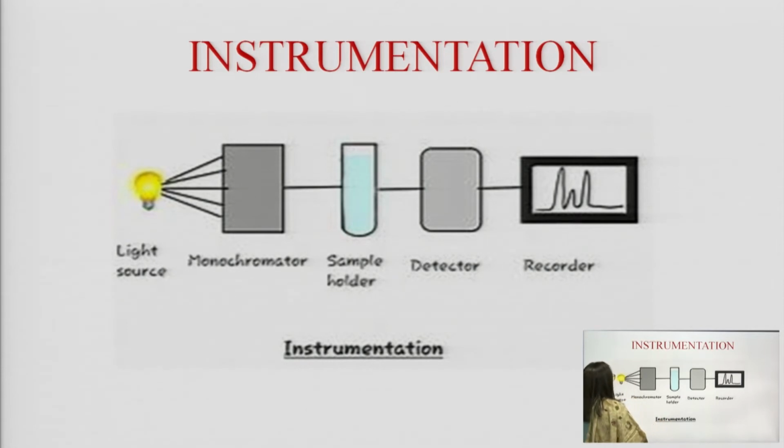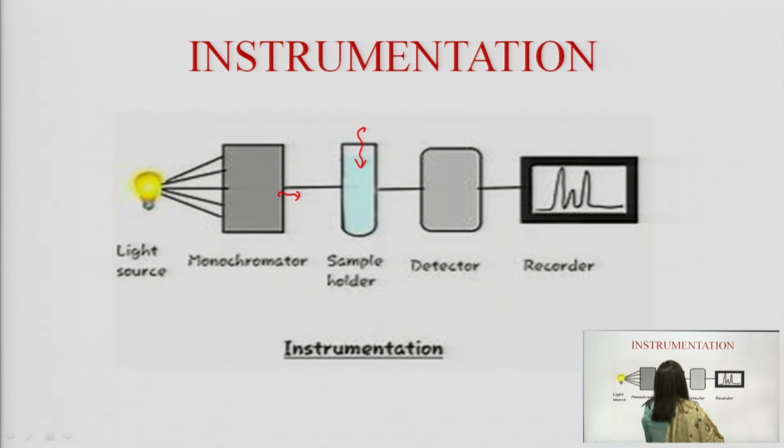ultraviolet visible spectrophotometer. So, it includes a light source, a monochromator which sends the selected range of wavelength. There is a sample holder where the sample is mixed with the solvent, preferred solvent, which is generally 95% ethanol. Other solvents could also be utilized.